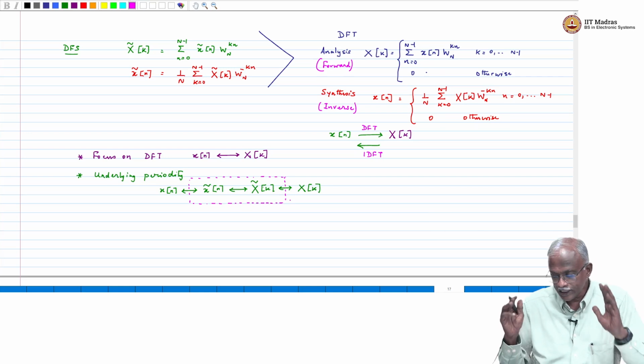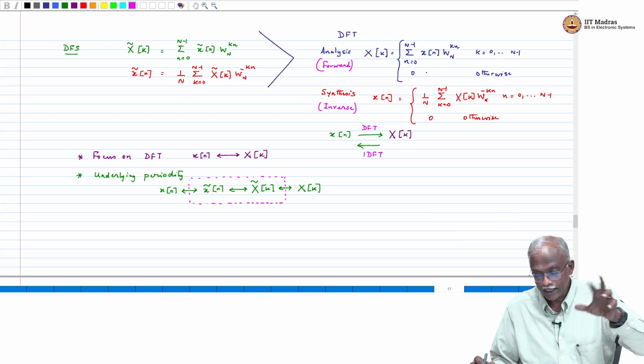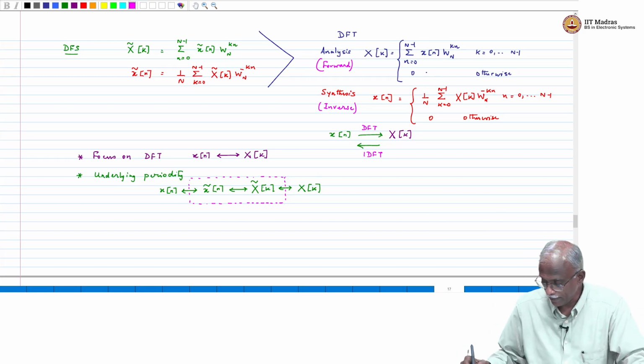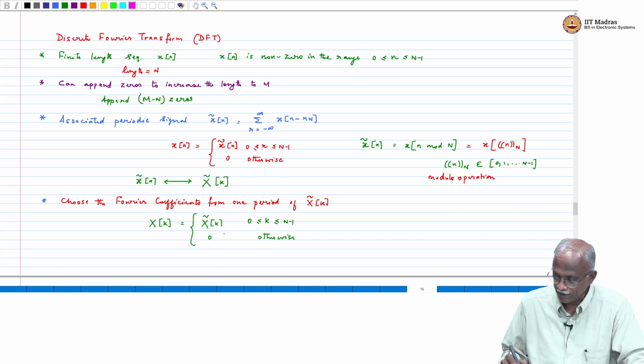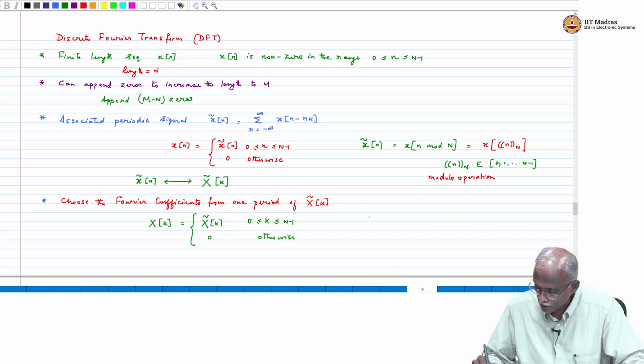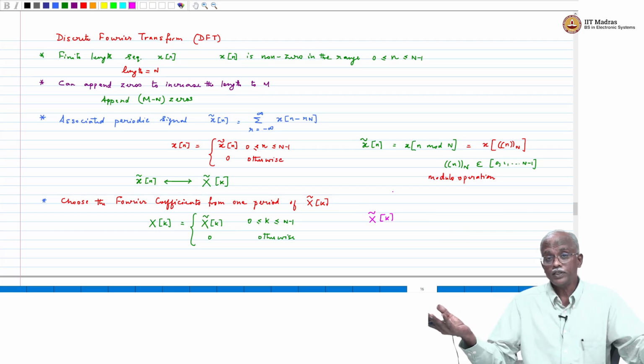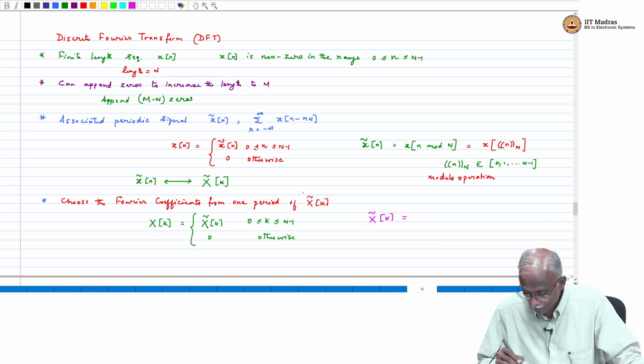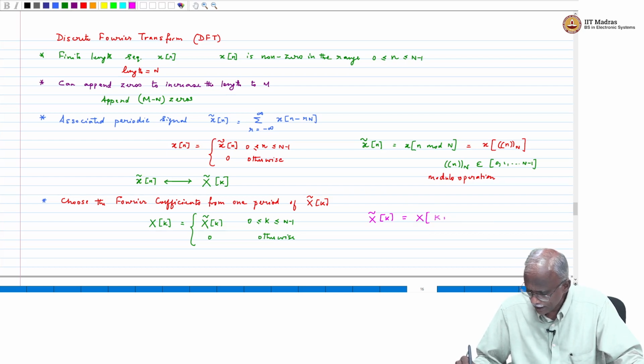That is why we are able to say that anytime you get an index which is not in the range 0 to N minus 1, for example X tilde of k, k can be within 0 to N minus 1 or it can be outside. However, when it maps to the DFT coefficients, it must be only in the range 0 to N minus 1.